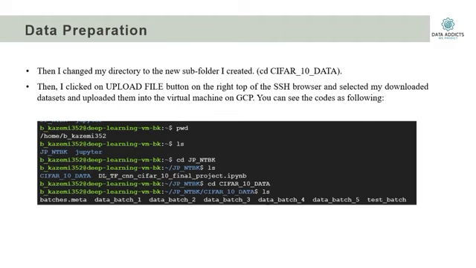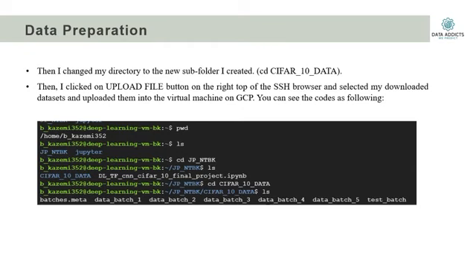Data preparation continues. I changed the directory to the new subfolder that we created in the previous slide, cifar_10_data, with the cd command. And then I clicked on the upload file button on the top right of the SSH browser, and selected the downloaded datasets and uploaded them into the virtual machine on GCP, Google Cloud Platform.